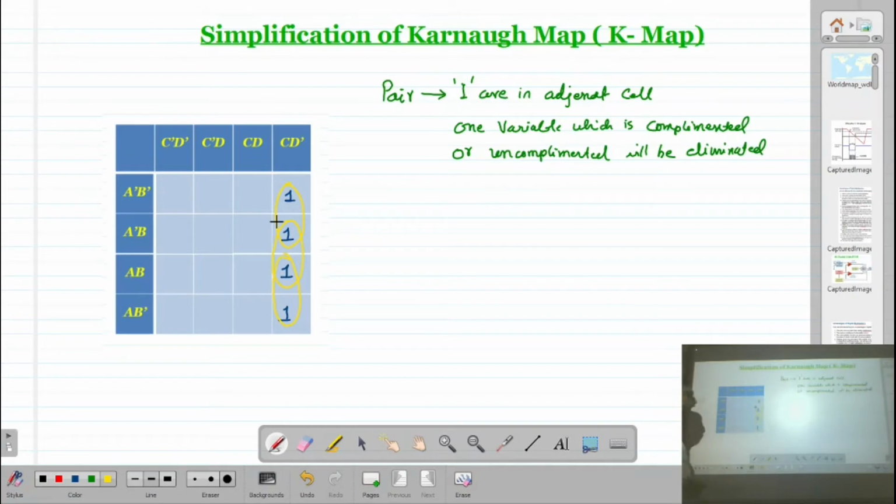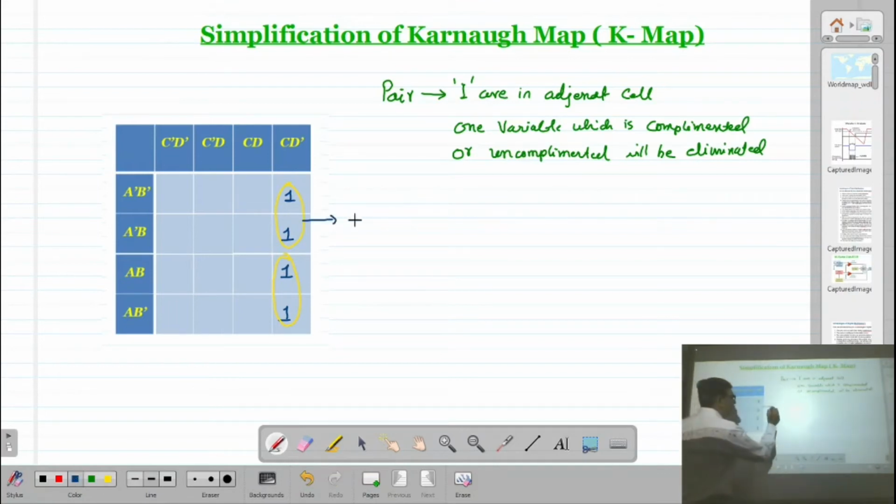But actually here, if your high levels are already occupied in some of the pair, then you don't have to draw again a pair. Correct? So basically here if you see, then we have 2 pairs.